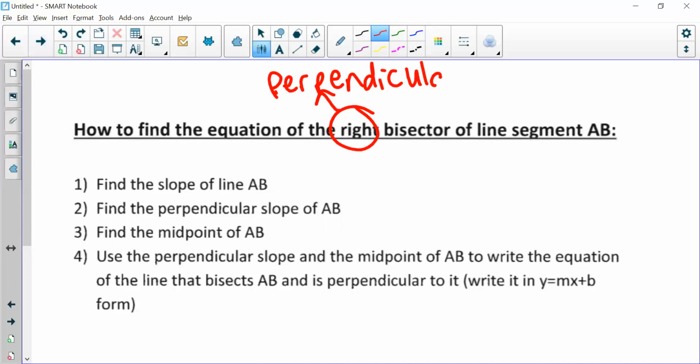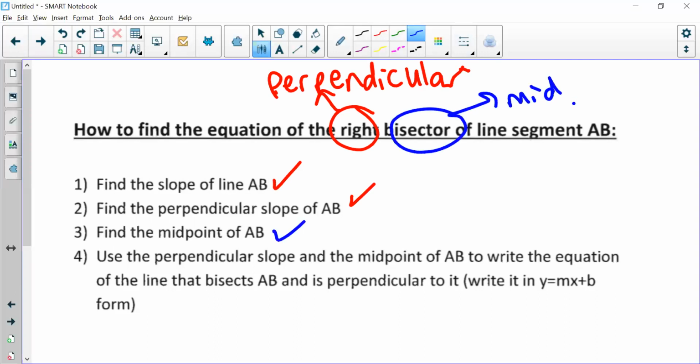So that's steps 1 and 2. Find the slope of the line and then turn it to the negative reciprocal. And then he says, now find the midpoint. That's because it has to bisect. And then we can come up with the B value, the y-intercept, and write the equation of a line. Keep those steps handy as we work through this question.